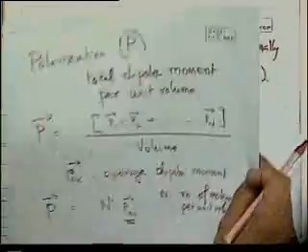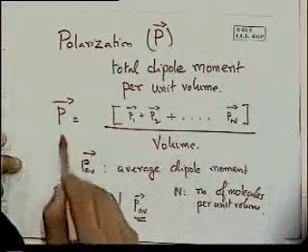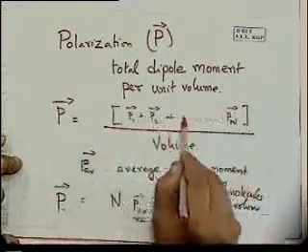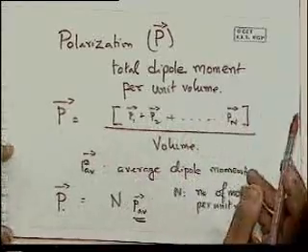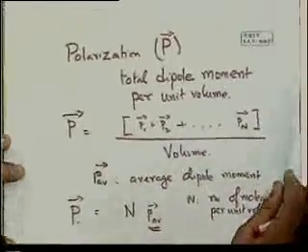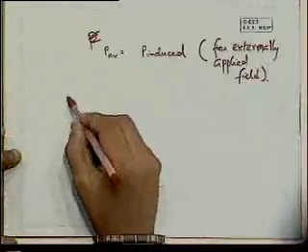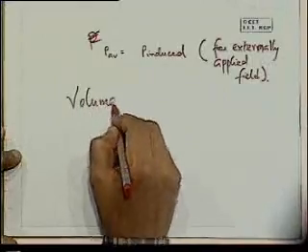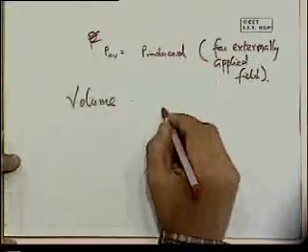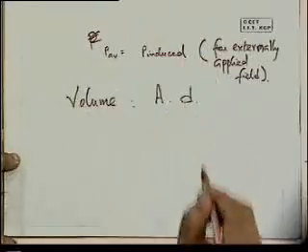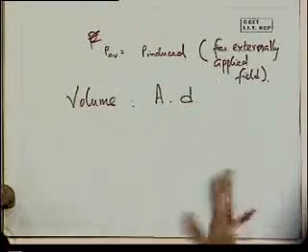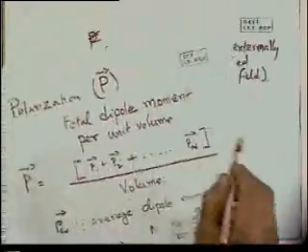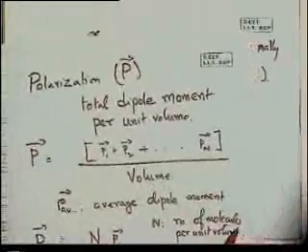So in order to calculate the polarization P, I need the sum of these, and I need to know the volume. The volume is easy. It is simply A times d. Each surface had an area A, separation is d, so I know the volume. But I want the individual dipole moments or an average.